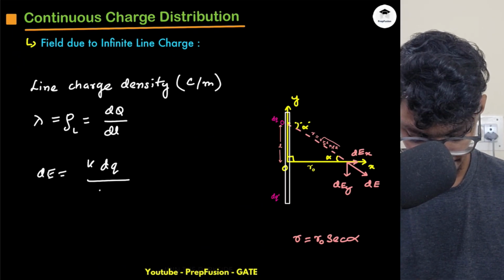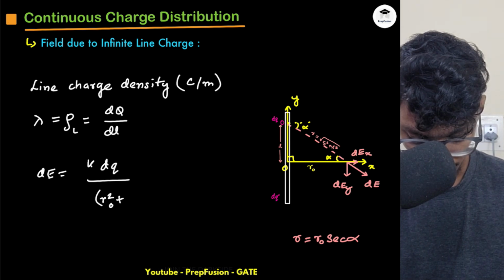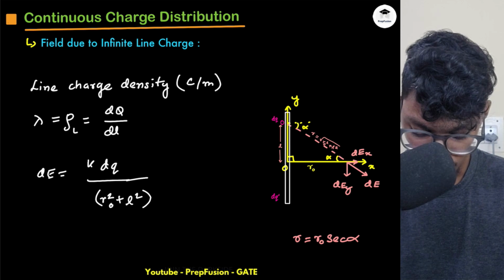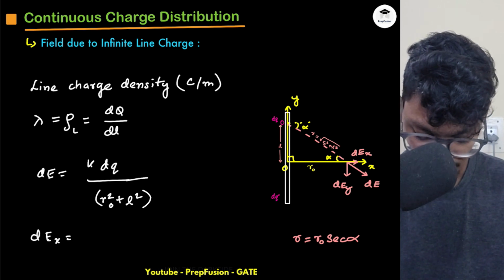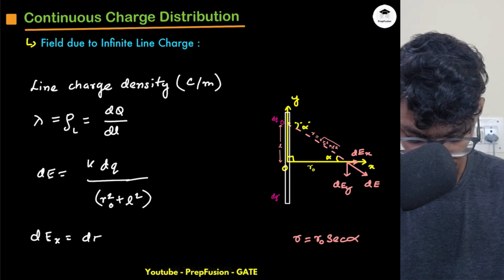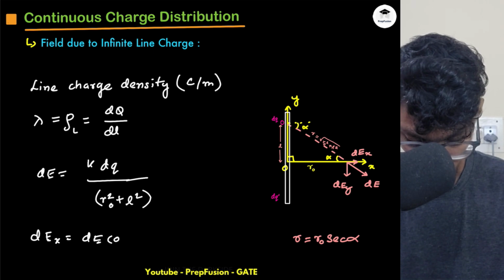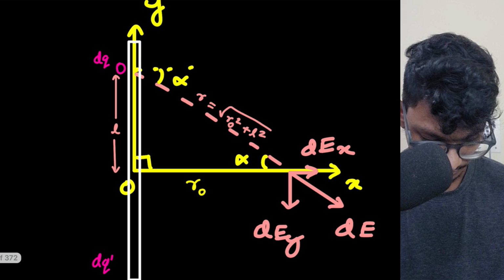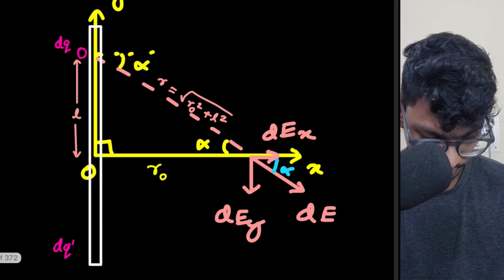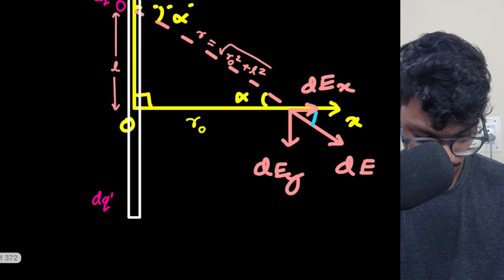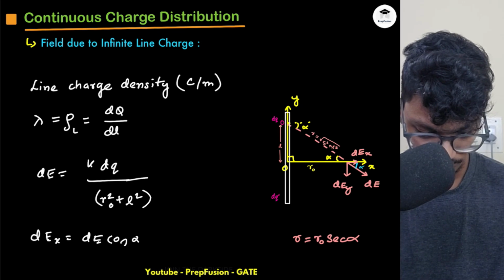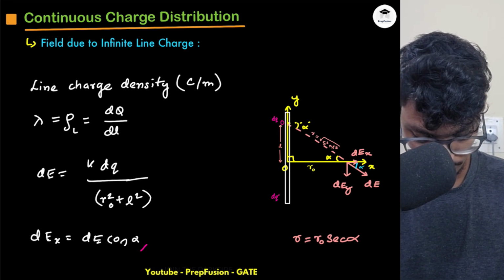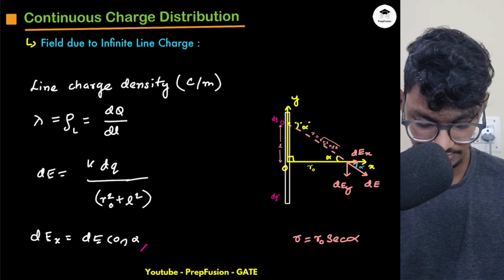This is dE, but actually what I am interested in is dEx. So it is basically dE cos alpha. This angle is also alpha.